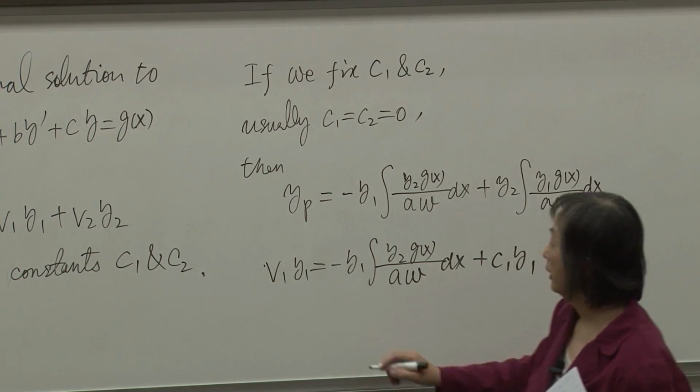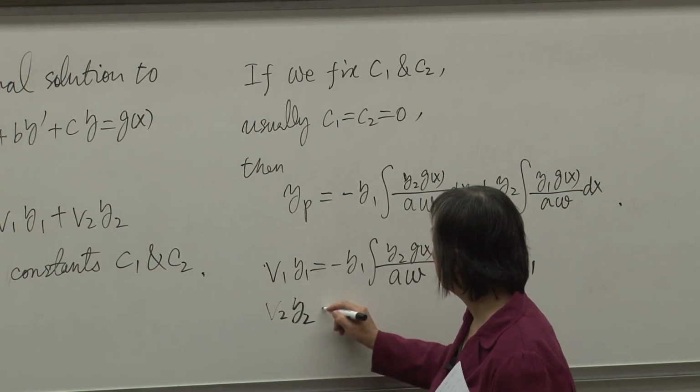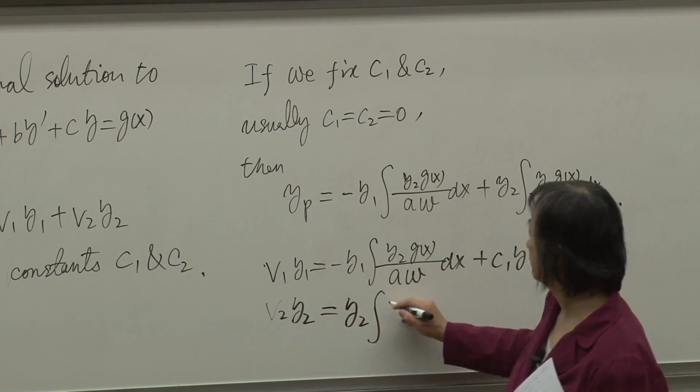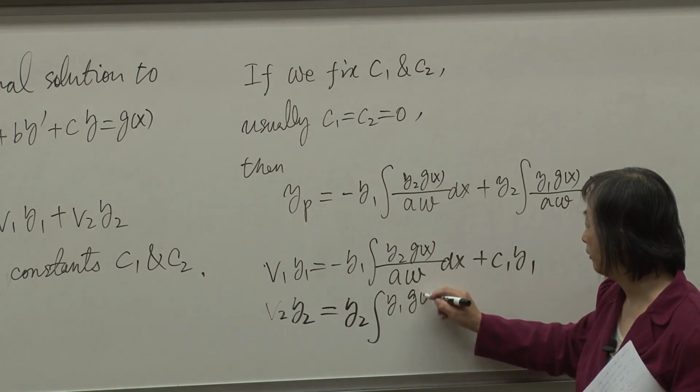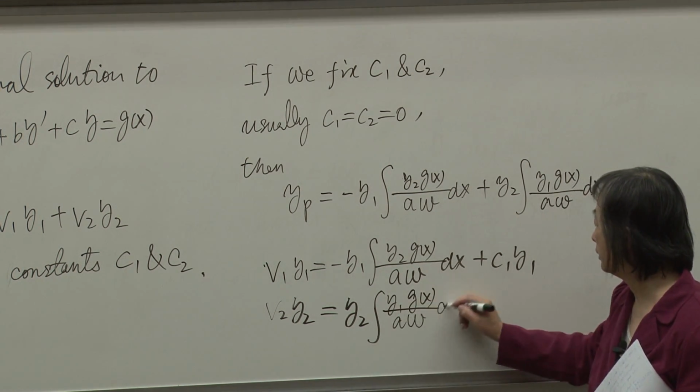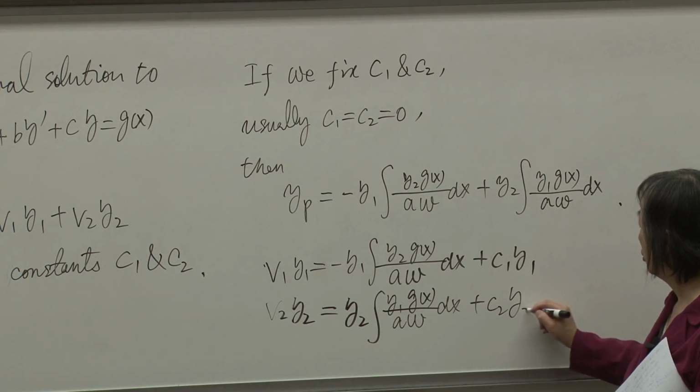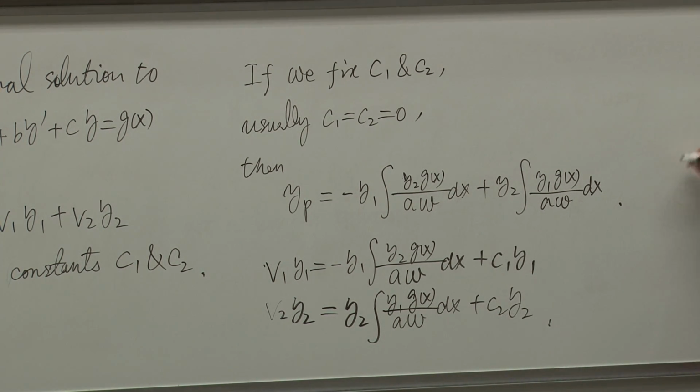And then v2 y2 is y2 times the integral of y1 g of x over a times the Wronskian plus c2 y2. Now, if we add them up, we would get yp plus c1 y1 plus c2 y2. So we don't have to add c1 y1 plus c2 y2 again, because we already include this part as yh. So it's a good observation.